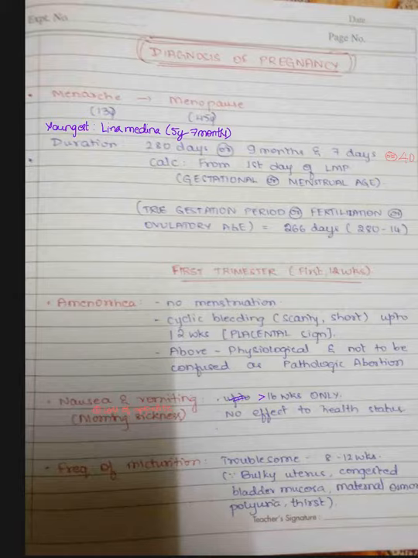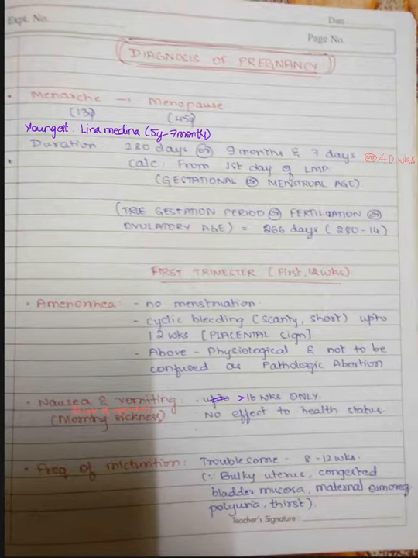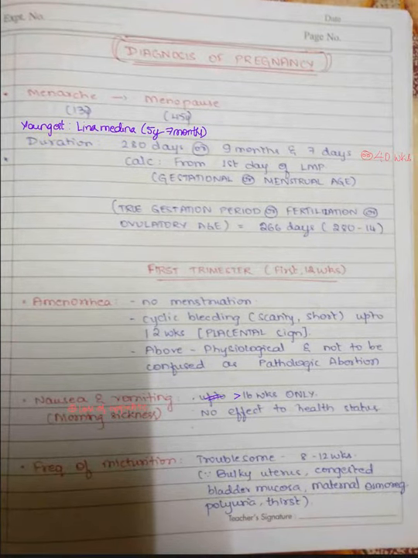And coming to the duration of pregnancy, it is either 280 days, or 9 calendar months (not 10) or 10 lunar months and 7 days, or it can be 40 weeks.